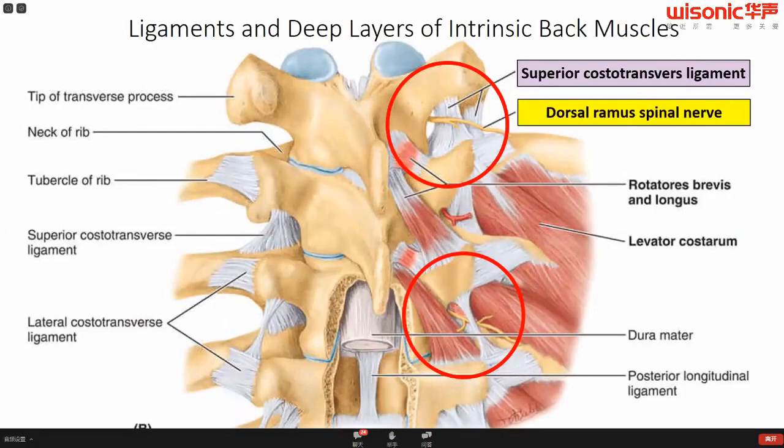In between, there exits the dorsal ramus, the spinal nerve. And this costotransverse foramen is very important because this might be one of the mechanisms by which local anesthetic, injected here around the transverse process, enters the spinal nerve or the paravertebral space.